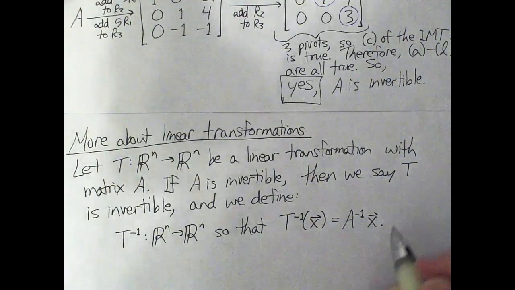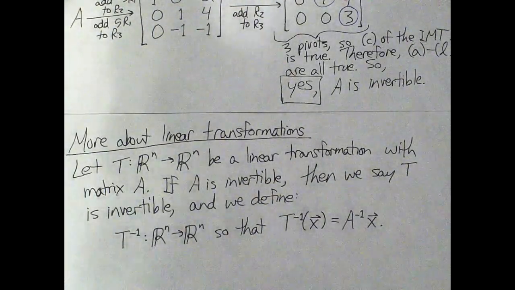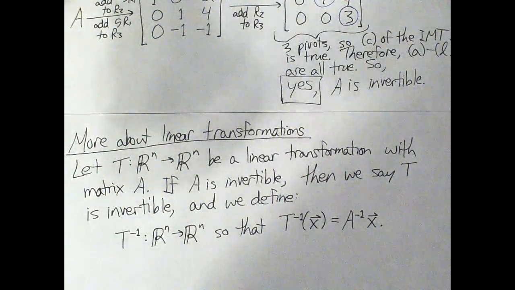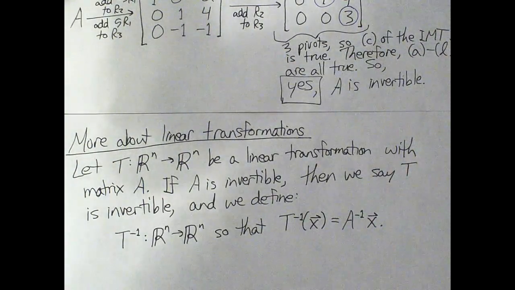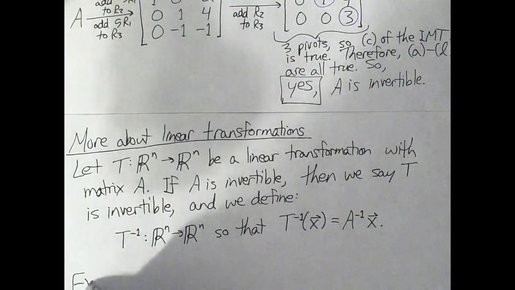All right, cool. So when a square matrix is invertible, its linear transformation is also said to be invertible, and it operates the way you would expect an inverse to operate. It kind of does the opposite of what T does. Let's do an example problem.